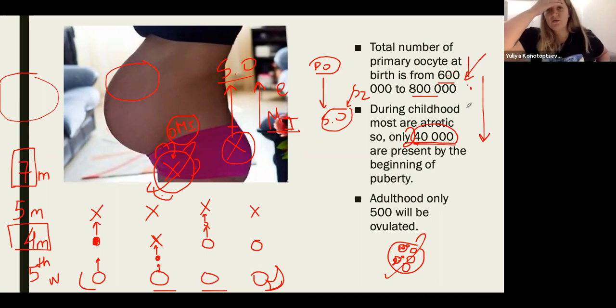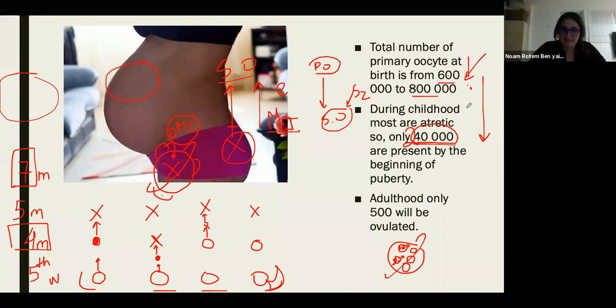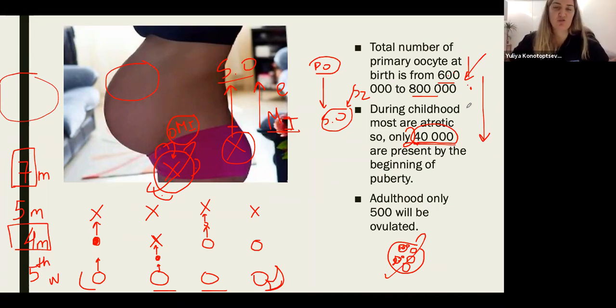What do you call it when there aren't any more follicles? Menopause. That's when there is no menstruation anymore. There are no more follicles.